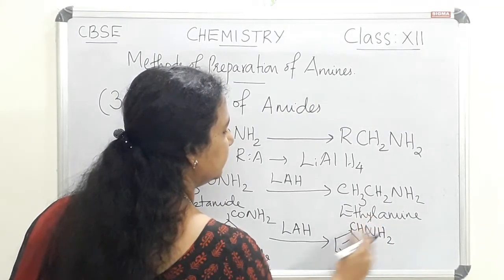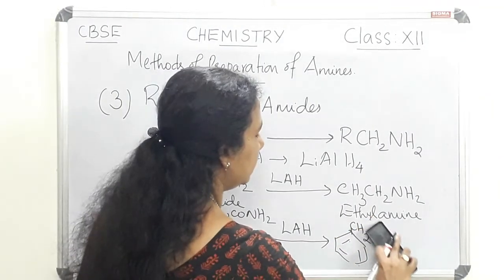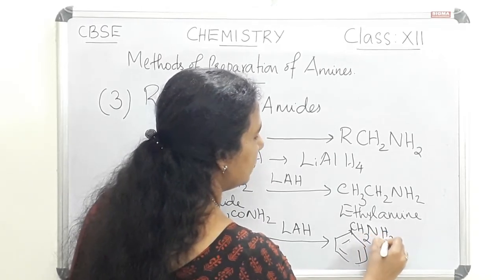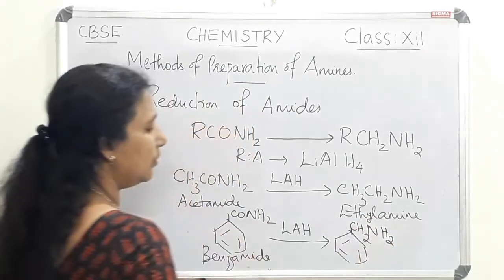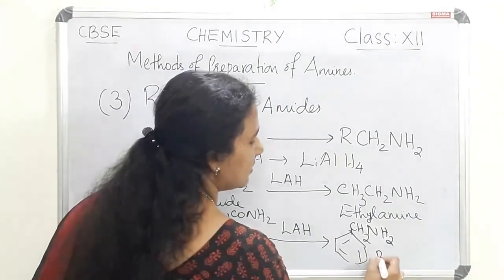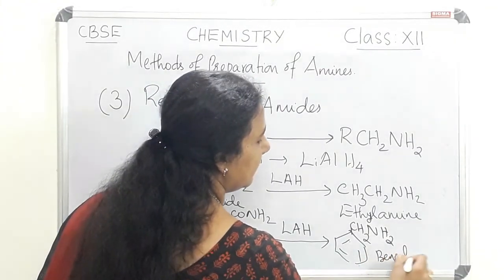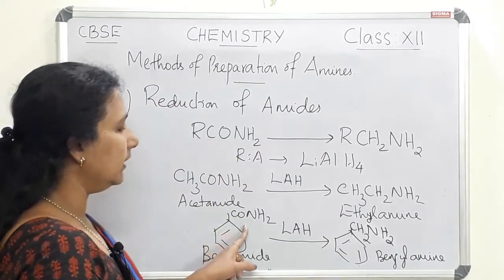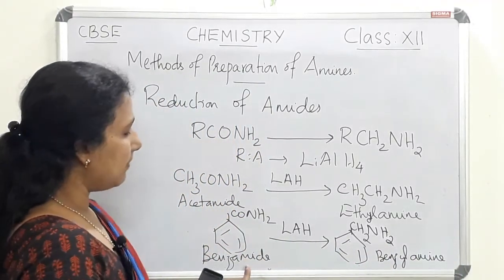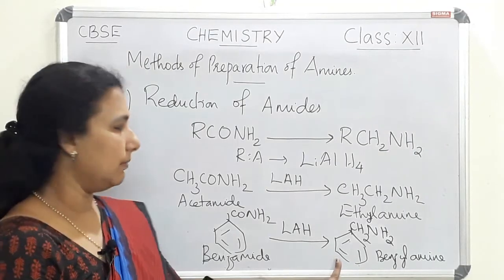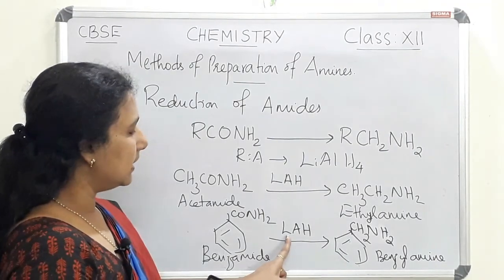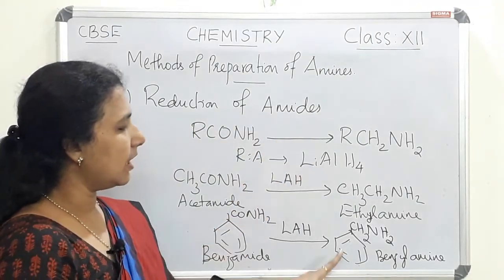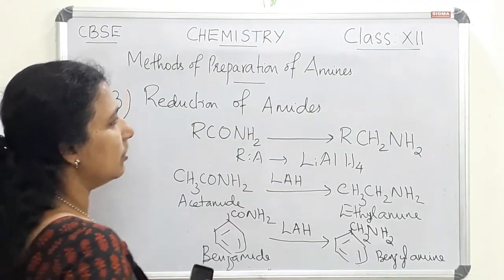So here we will get CH2NH2 group on benzene ring, and this is known as benzylamine. Benzamide is converted to benzylamine. Here the reducing agent is lithium aluminum hydride. So reduction of amides gives amine. This is another method for the preparation of amines.